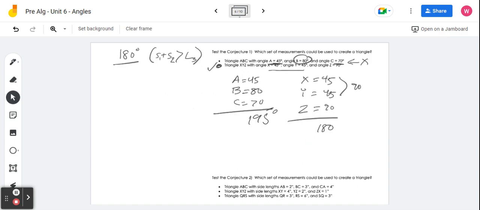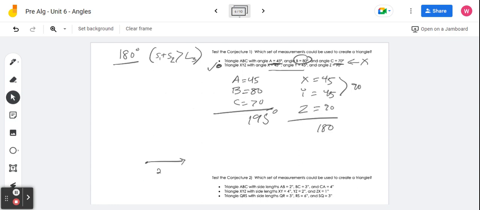So first off, triangle ABC. It says AB is equal to 2 inches. BC is equal to 3 inches. Let's just erase that.